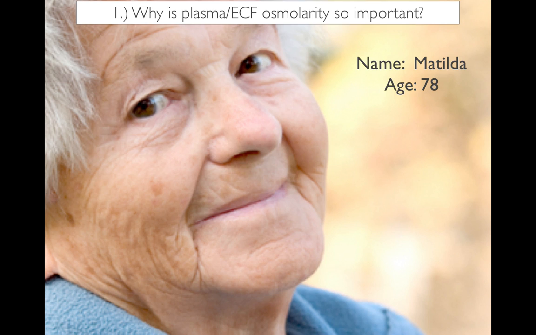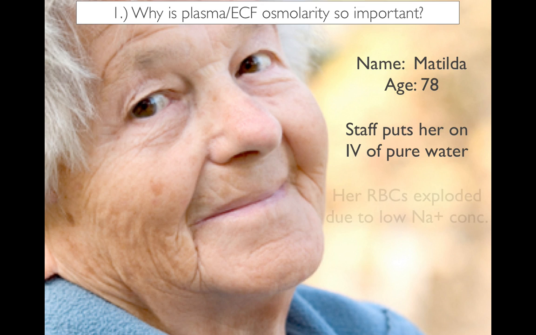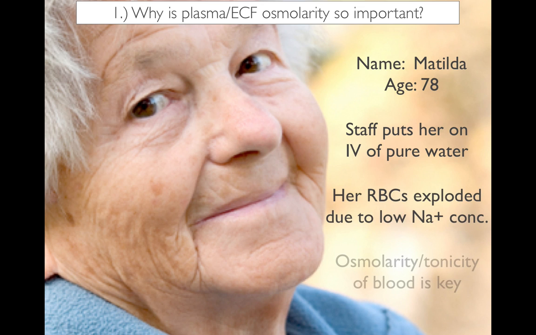So essentially what we're going to try to do with the kidneys is, one, regulate plasma osmolarity. We're going to make sure that our osmolarity is not too high and that it is not too low, that it's just right. And if you guys remember, the reason osmolarity is so important is because if it gets out of whack, your red blood cells could explode.